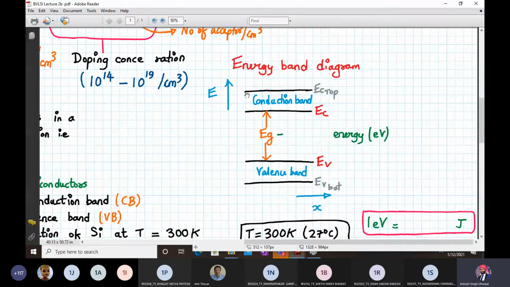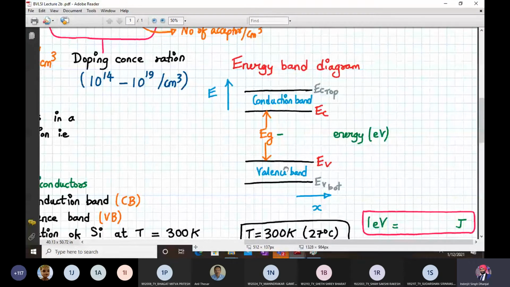It's a band, right? So this is the top of the conduction band, and this is the bottom of my conduction band, which is denoted by EC. Basically, we only draw a line, but it's a band, and we have a valence band. Electrons are more often found in the conduction band, and holes are more often found in the valence band.